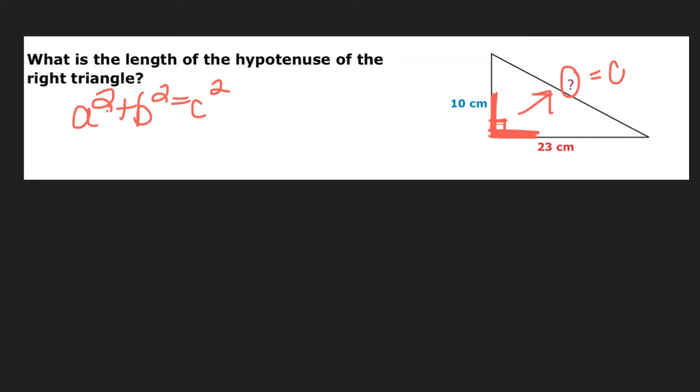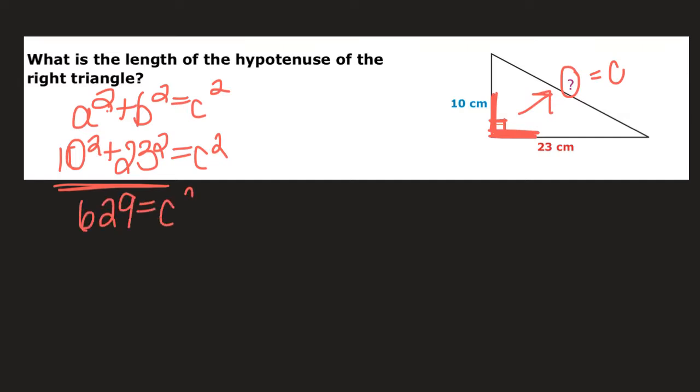I'm going to use 10 for A, 23 for B, and then my C. So whether you square them separately or together, I need to square those values. And I get 629 equals C squared. And then to go from C squared to just C, I'm going to take the square root.